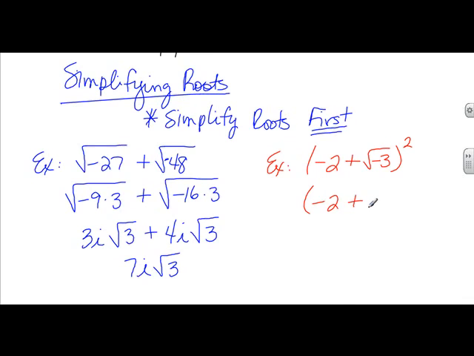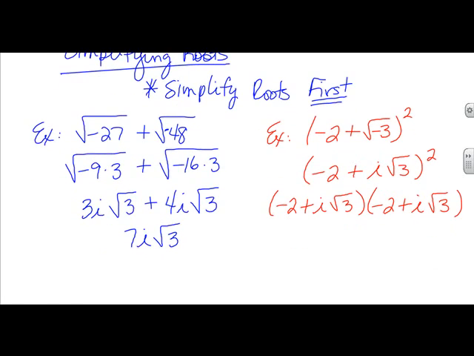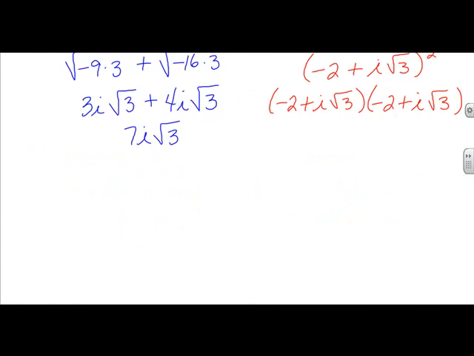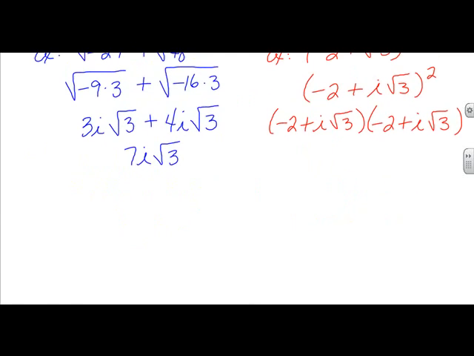Pull out i, because that's really all we can do with that one. And now multiply negative 2 plus i times the square root of 3 times itself. Now notice we are not multiplying complex conjugates there, so you actually have to work it all out.